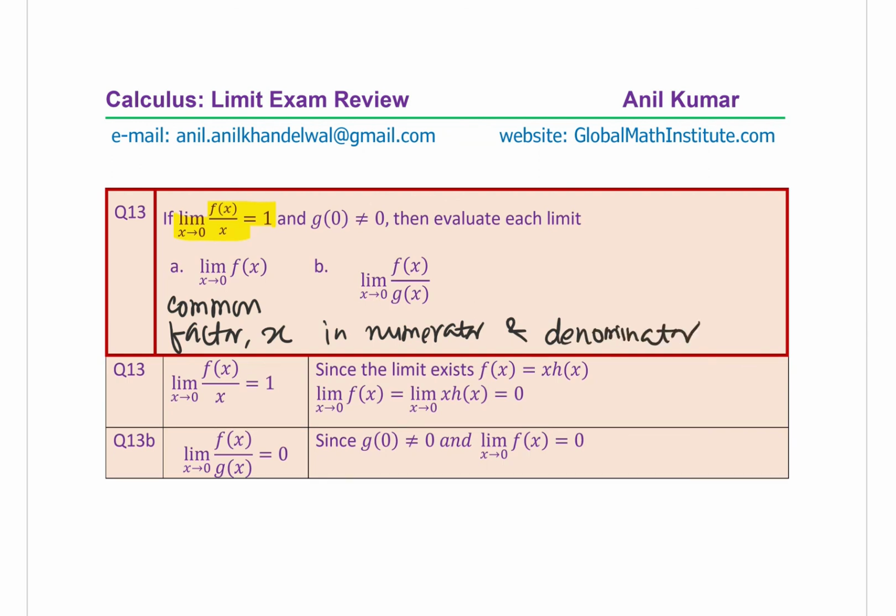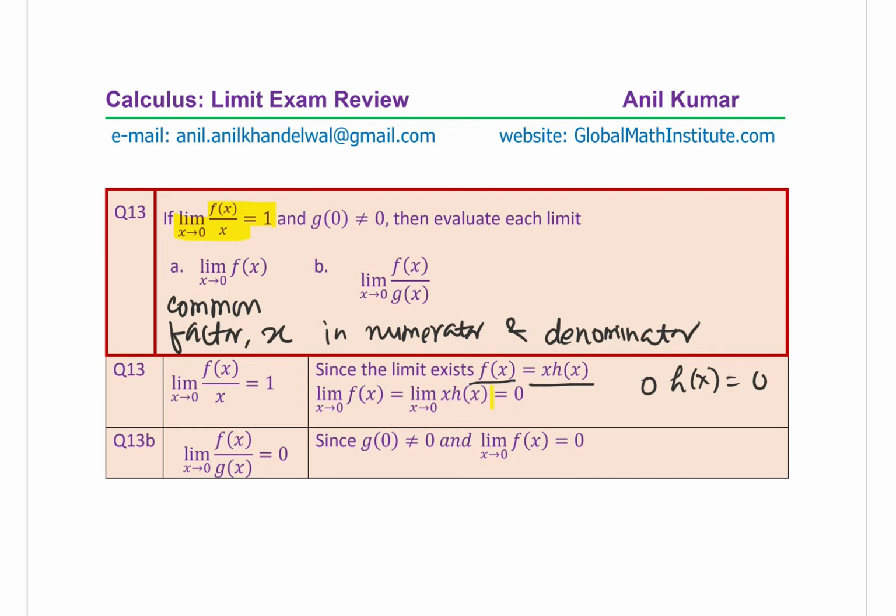Since there is a common factor, I could always write f of x as x times another function. Do you see that part? Since there is a common factor, we could write this as x times another factor. Now, since x is there, x times h of x, right? So limit when x approaches 0 will be 0 times h of x, which is 0. So the limit of the function f of x is 0. So that is how you get your answer.